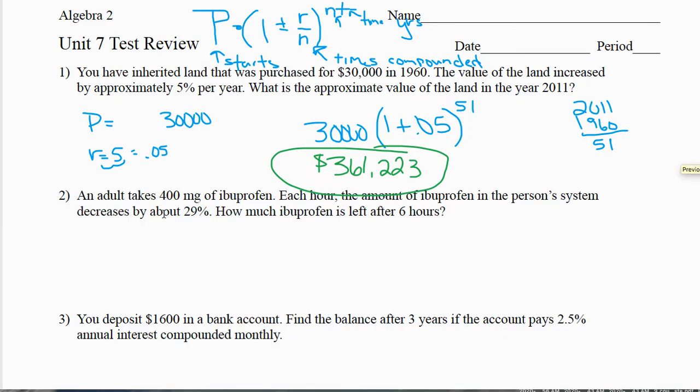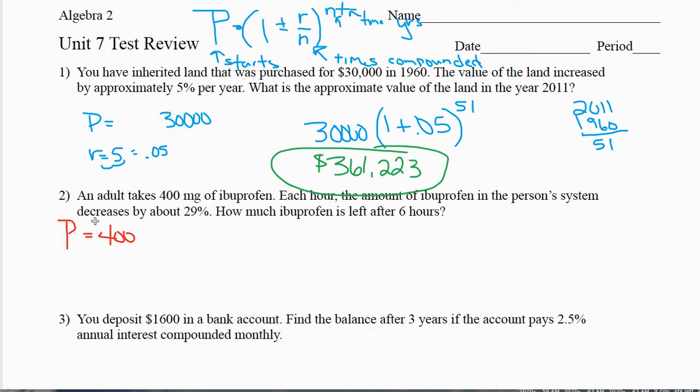Okay, let's look at question number 2. An adult takes 400 milligrams of ibuprofen. That's not very much. Each hour, the amount of ibuprofen in the system decreases. Okay, so 400 is the starting amount. So the P equals 400. Each hour, the amount decreases.